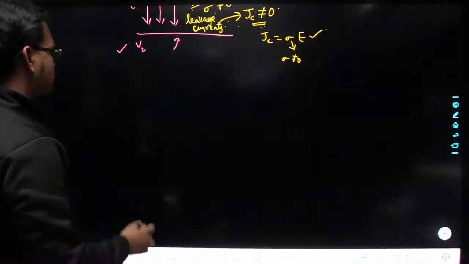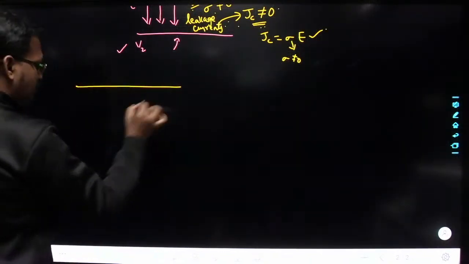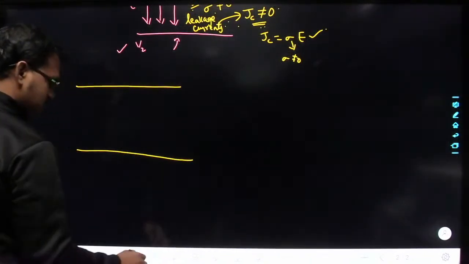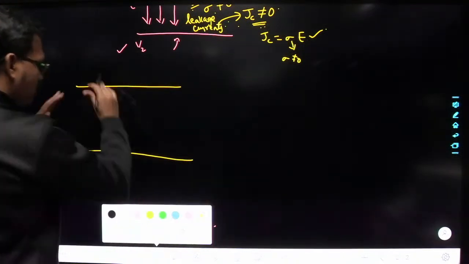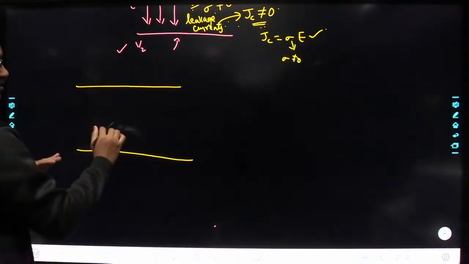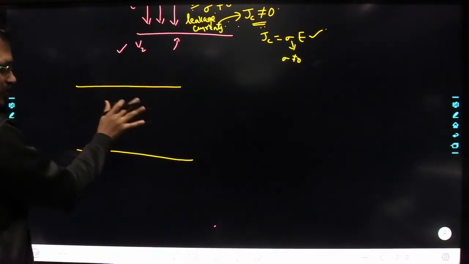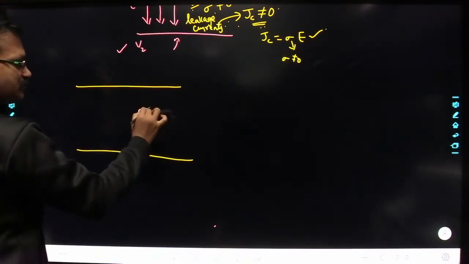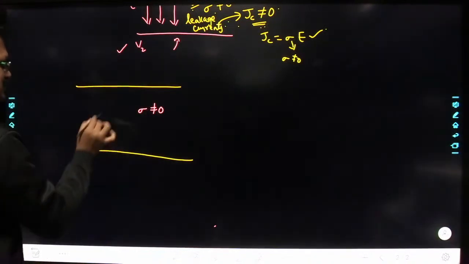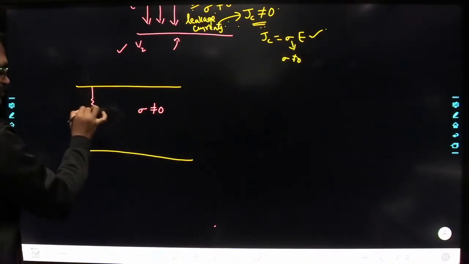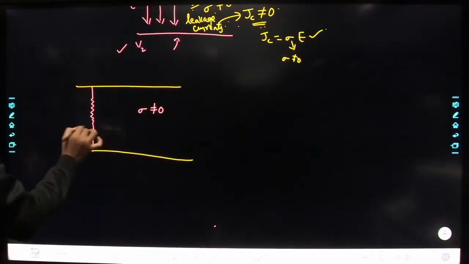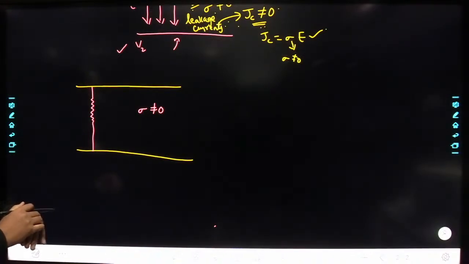So if you consider a transmission line with two conductors, and the medium between the two conductors is not a perfect dielectric, that is sigma is not equal to 0, then there exists some conductance between the two lines.